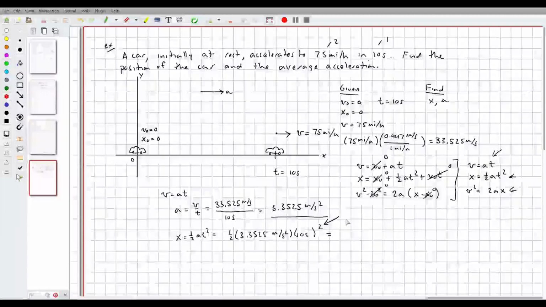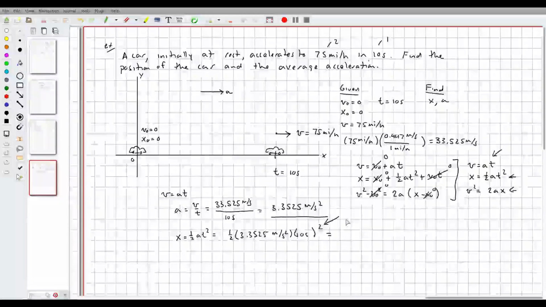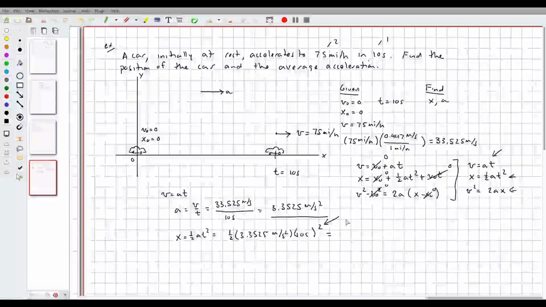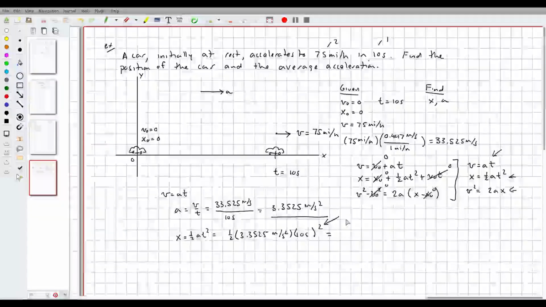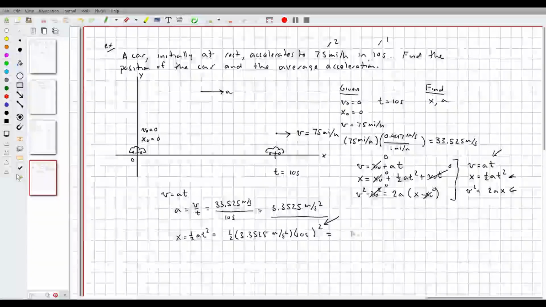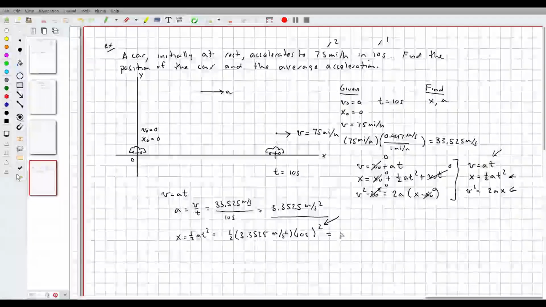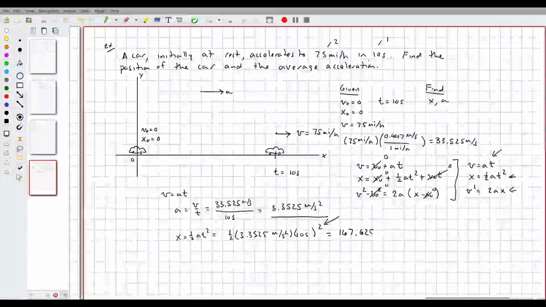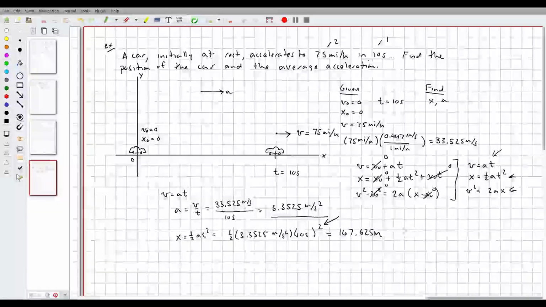A half times 3.3525 times 10 squared. 167.625 meters.